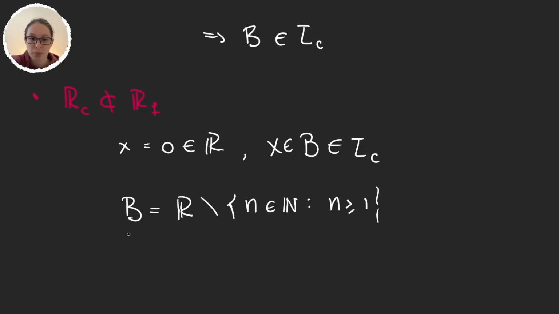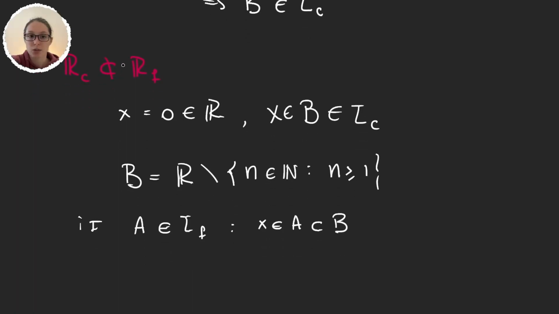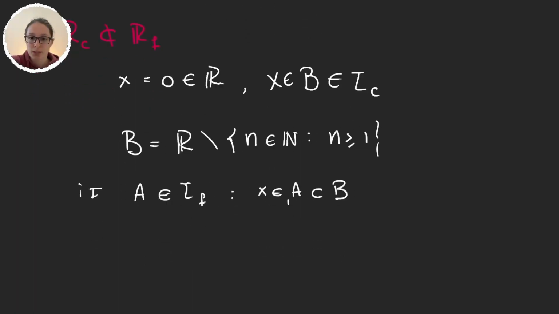This is easy to see, because if, let's call it A, is some set in tau_f such that x is in A contained in B, this is what we would require for the lemma to apply and to have the inclusion. Then from this we have that B complement is a subset of A complement.